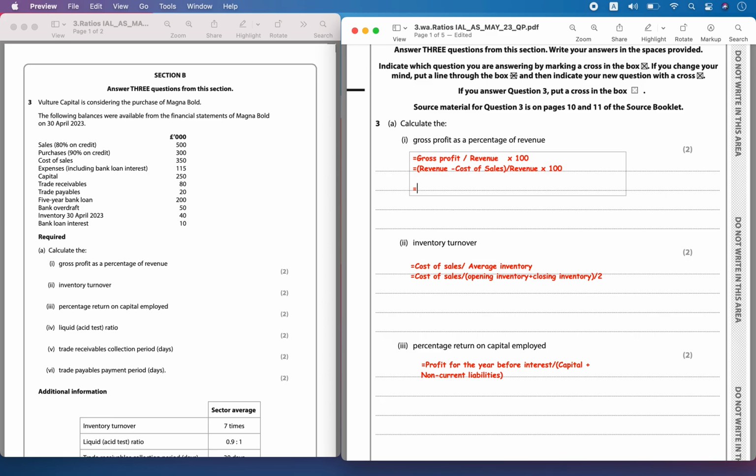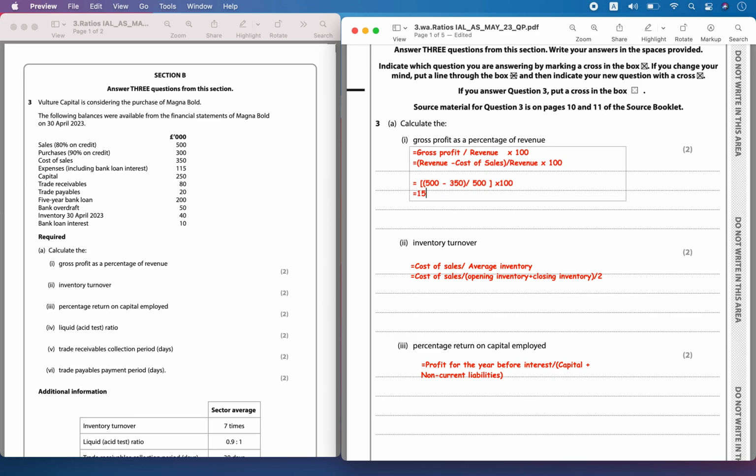Now the revenue is 500. Revenue minus cost of sales is around 350, so 150, divided by the revenue, which is 500. Then you calculate the ratio and convert it into a percentage.